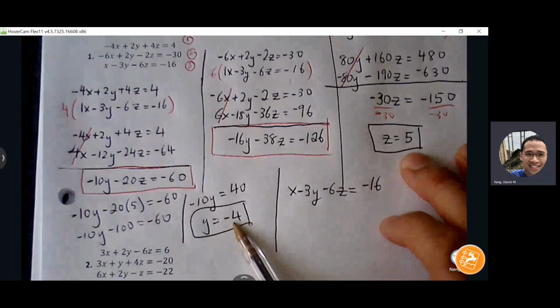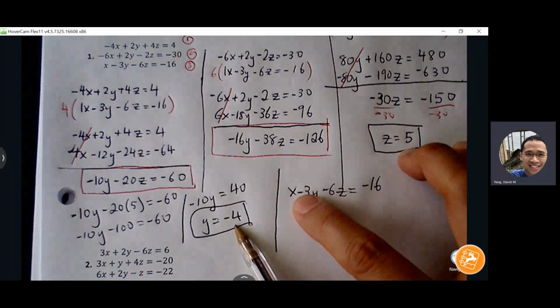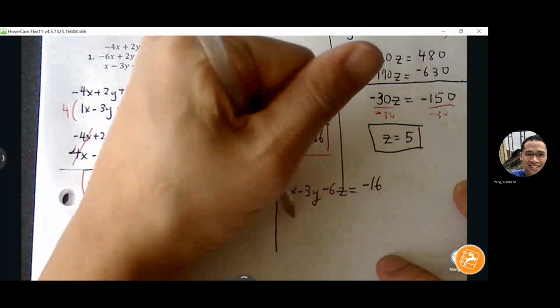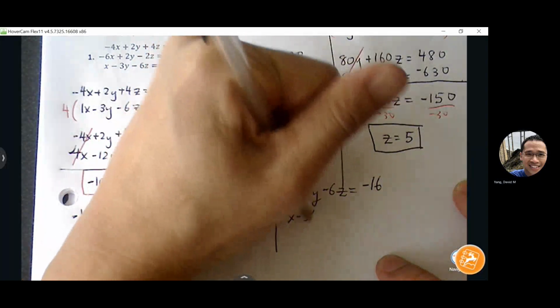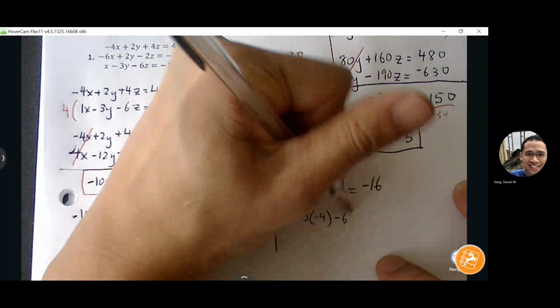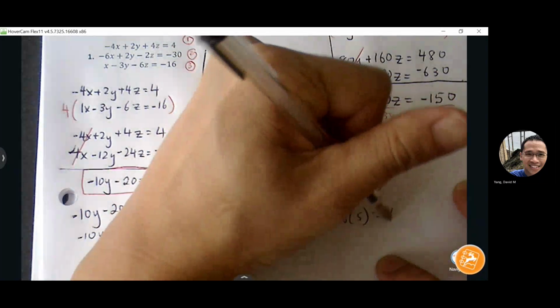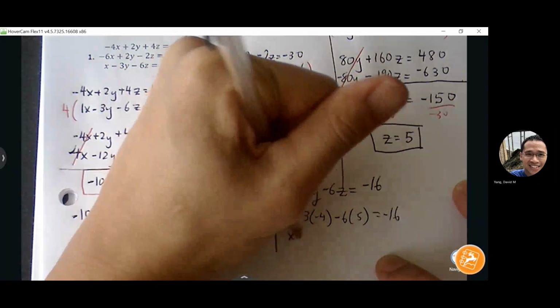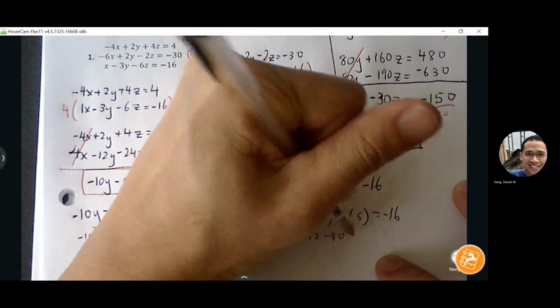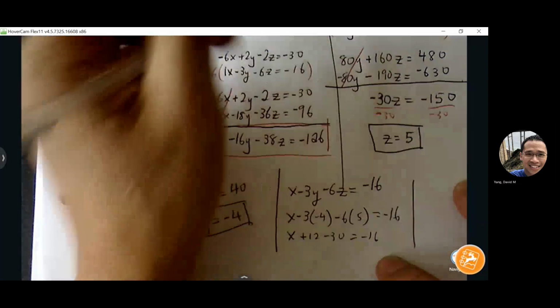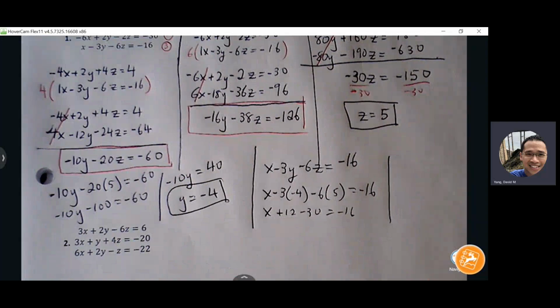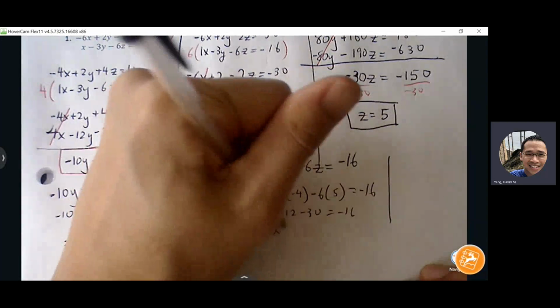So replace the z with 5, replace y with -4, and then you can solve for x. So x minus 18 equals -16.